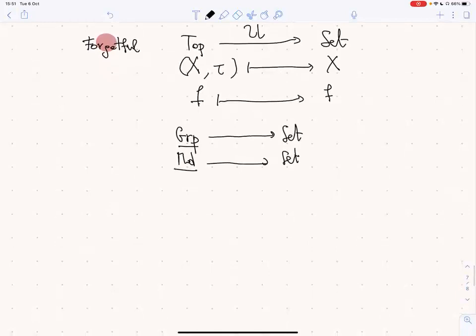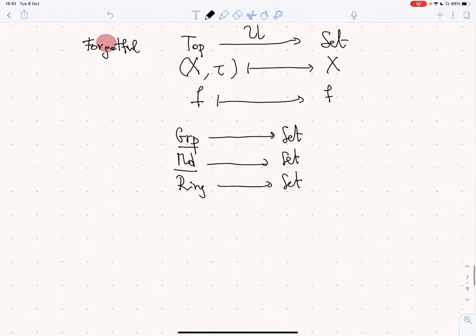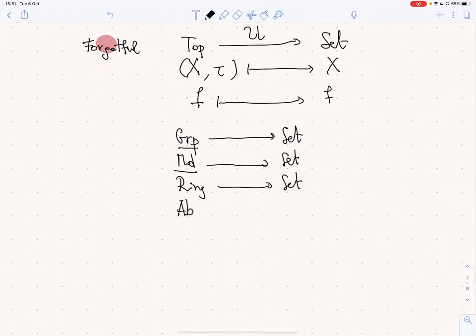Yes, maybe I will write some others of them. We have also Ring into Set, but for example, another one is abelian groups into groups. This is just the functor that takes an abelian group and says, look, this is just a group. So it sends the abelian group A into itself, essentially.